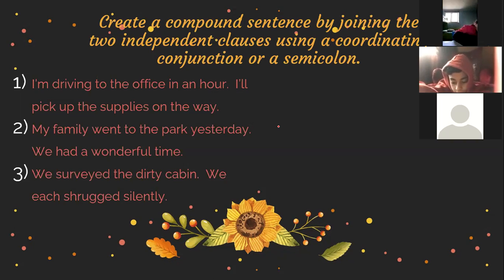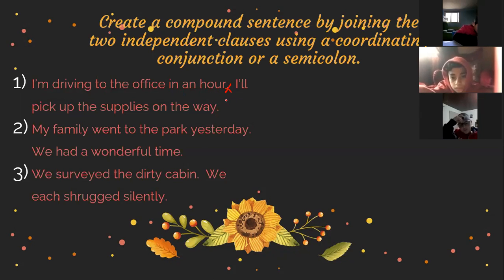I must use the conjunction and. I write the first independent clause, but I remove the period. So I say, I'm driving to the office in an hour. Since I want to use a conjunction, then I have to add a comma, and then I write the second one as it is. I'll pick up the supplies on the way.